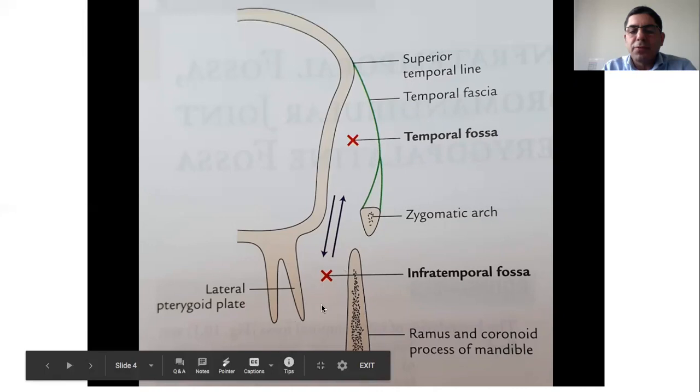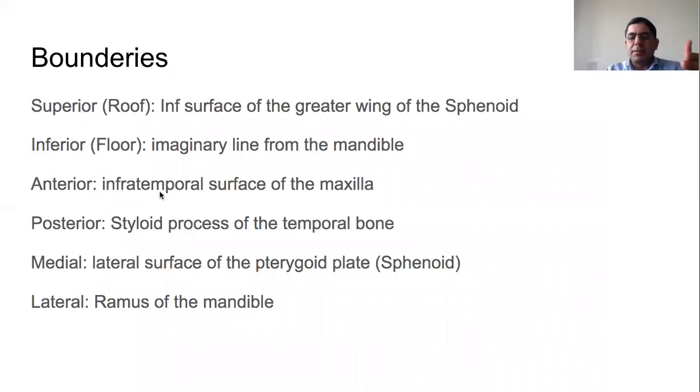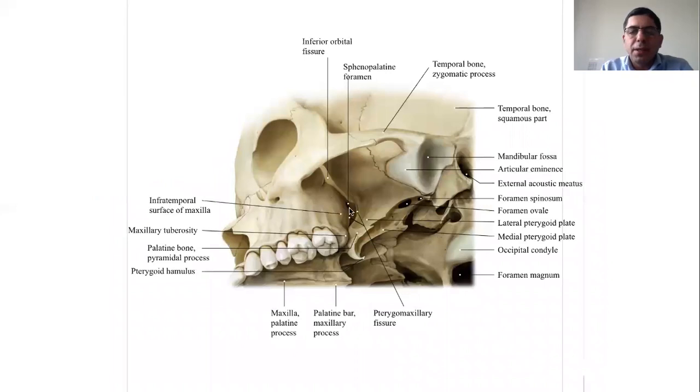So this is the infratemporal fossa. Anteriorly is the infratemporal surface of the maxilla, right? So think about the maxilla. This is the anterior part. This is the greater wing, the superior part.